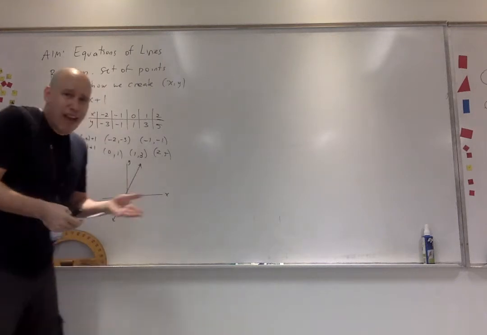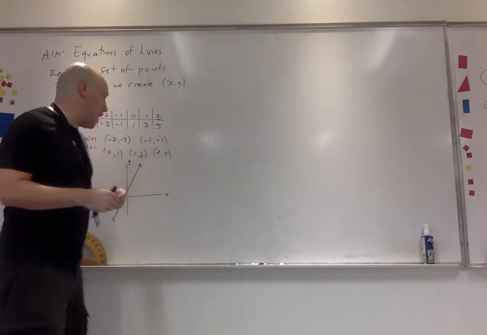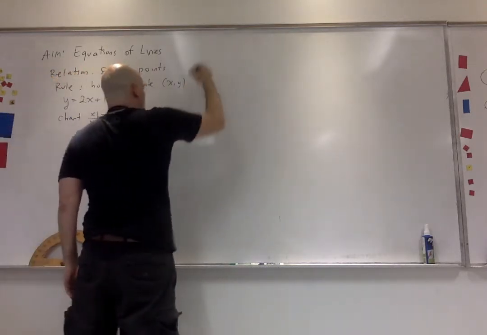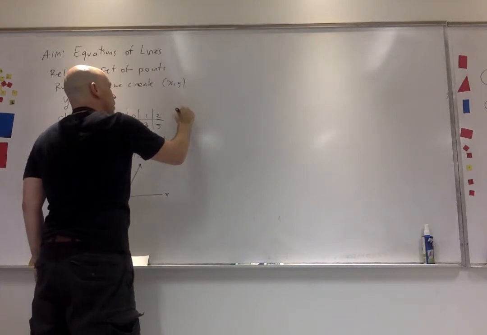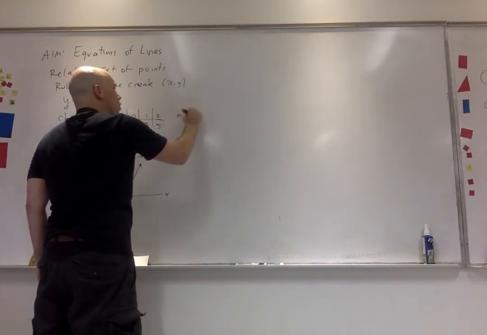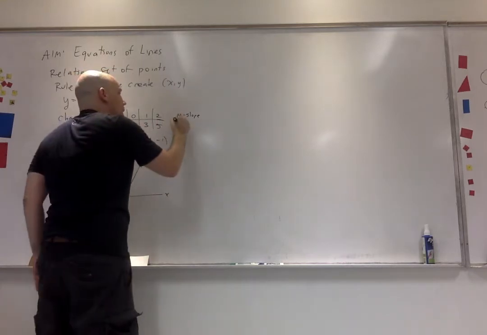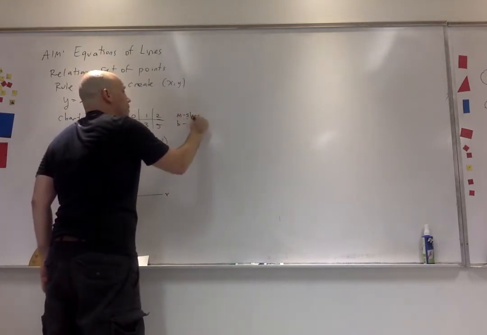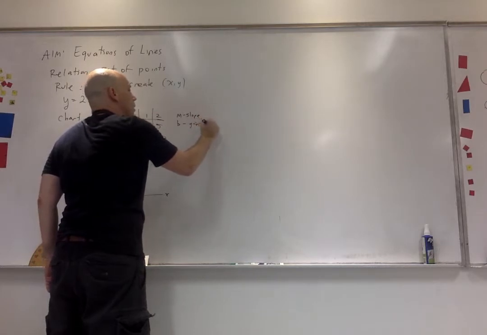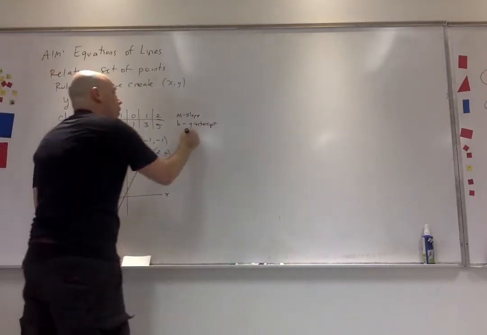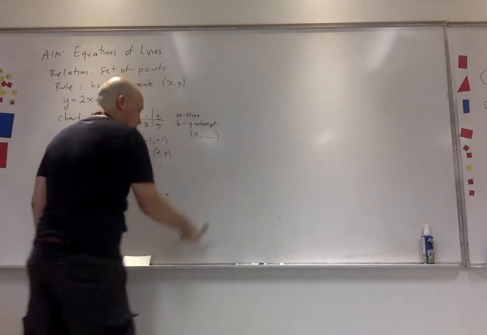But then we're going to hold off on that, because after you did that, your teacher introduced the idea of slope. Remember that m equals slope, and you were introduced to the idea of the y-intercept. And b was the y-intercept, which would have the coordinate (0, b).